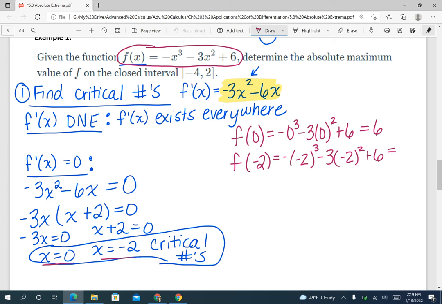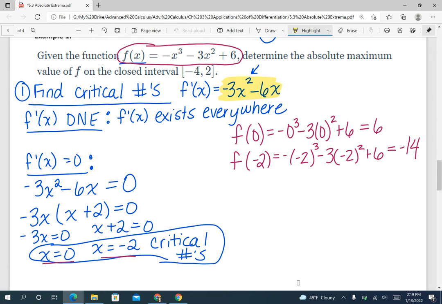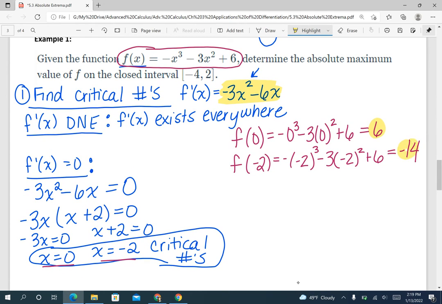So that would be, grab my calculator, negative 8 minus 12 plus 6, negative 14. Okay, I evaluated the original for the critical numbers, and I got 6, and I got negative 14.